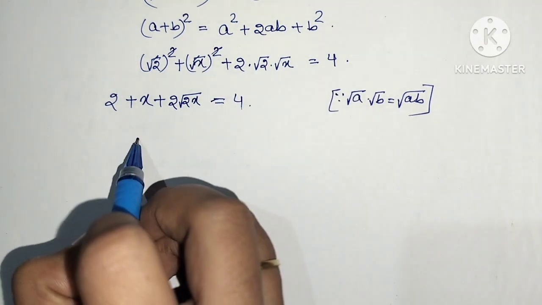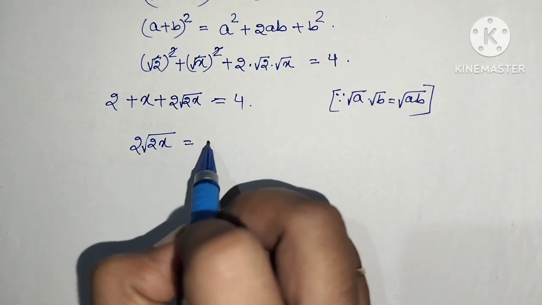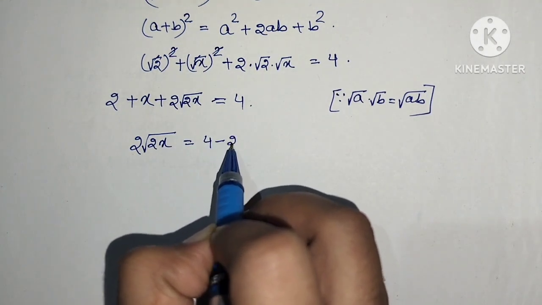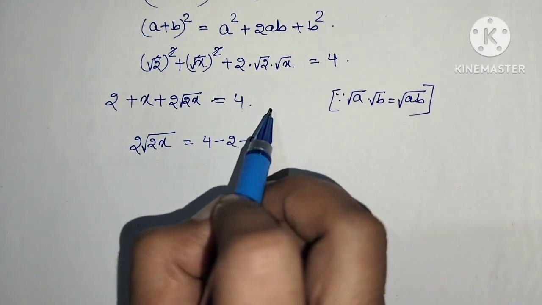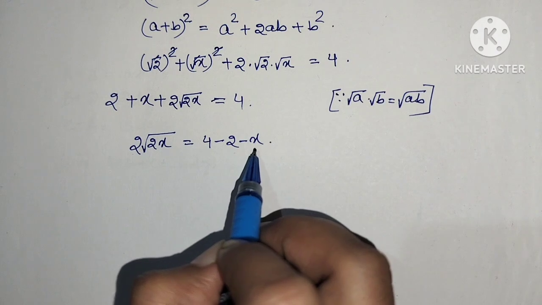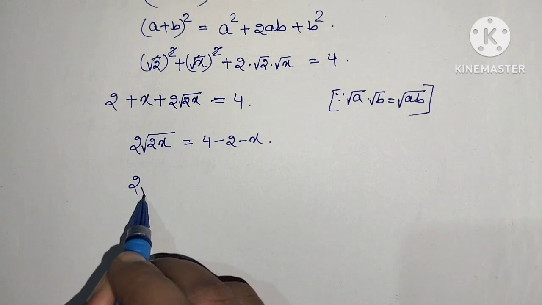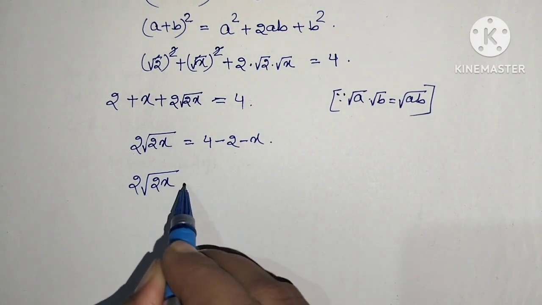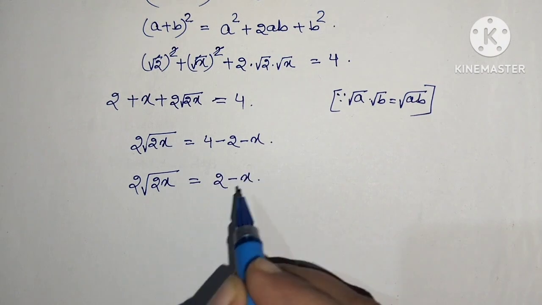Then 2 root of 2x is equal to 4 minus 2 minus x. Here it is plus, so we move to the right hand side, then it is minus 2 and minus x. Then 2 root of 2x is equal to 4 minus 2, it is 2 minus x.